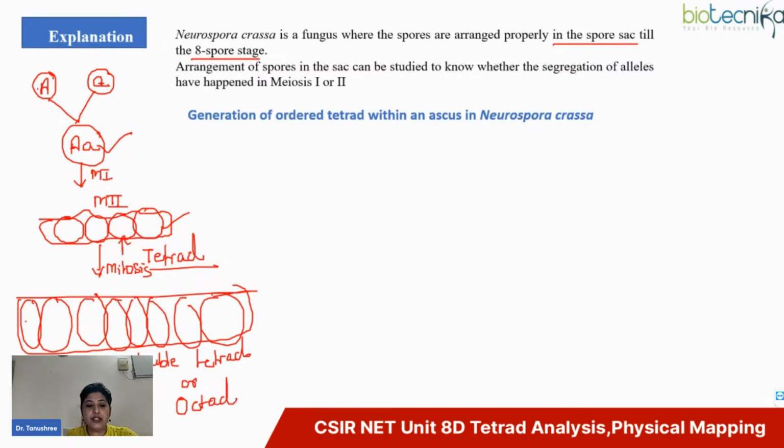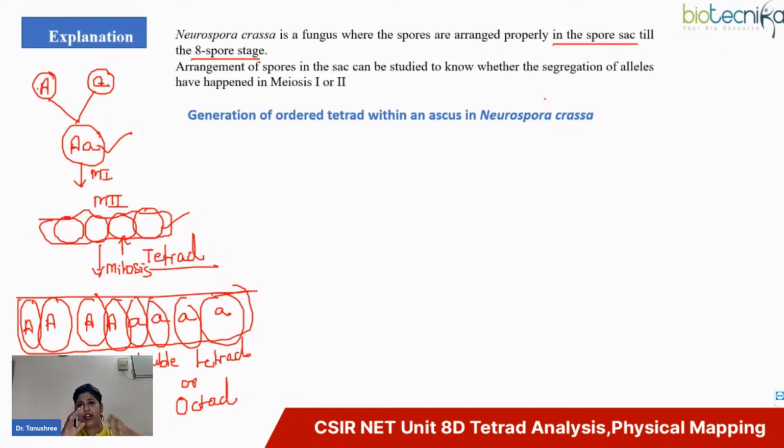Here the arrangement is where 4 ascospores are of one type and 4 are of the other type. Again, we will consider a few cases, as we are talking about segregation of alleles. So how can you study segregation of alleles?